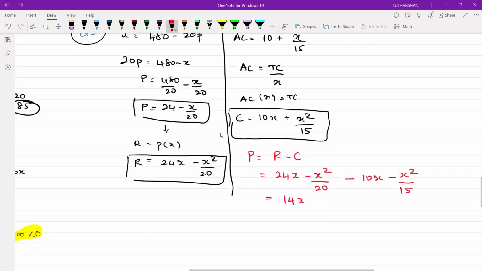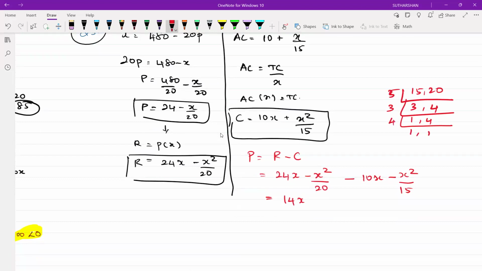If I take the LCM of 15 and 20, it is 60: 15 times 4 is 60, 20 times 3 is 60.